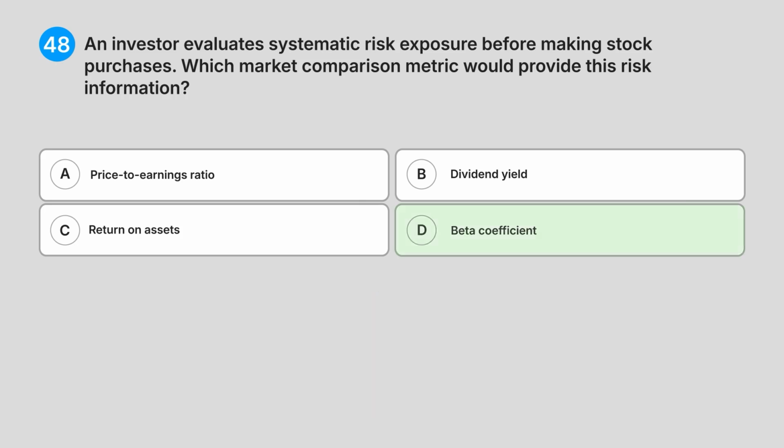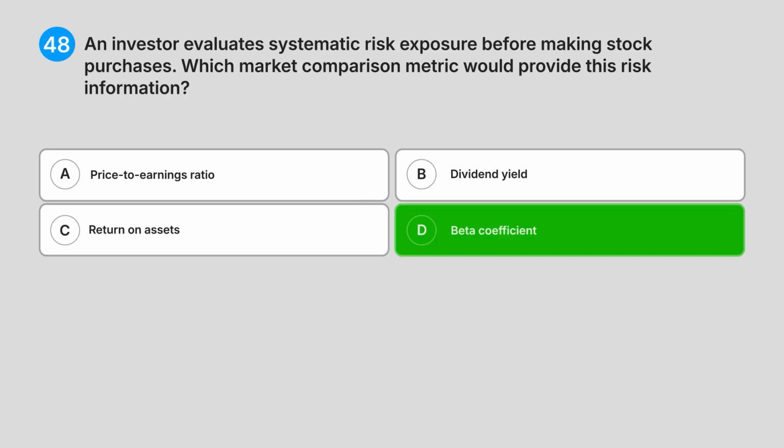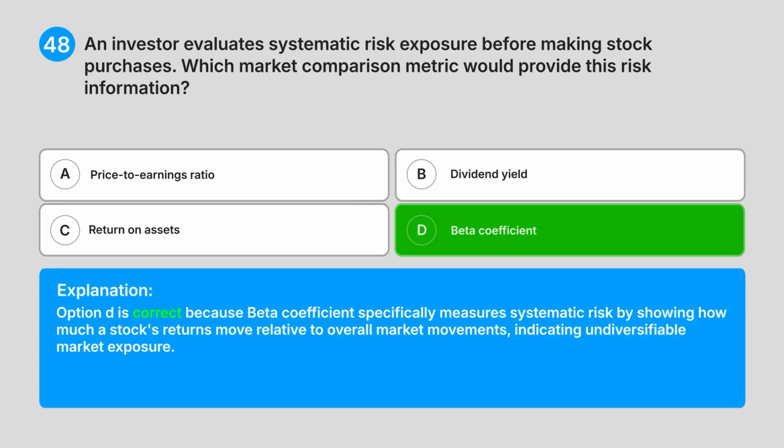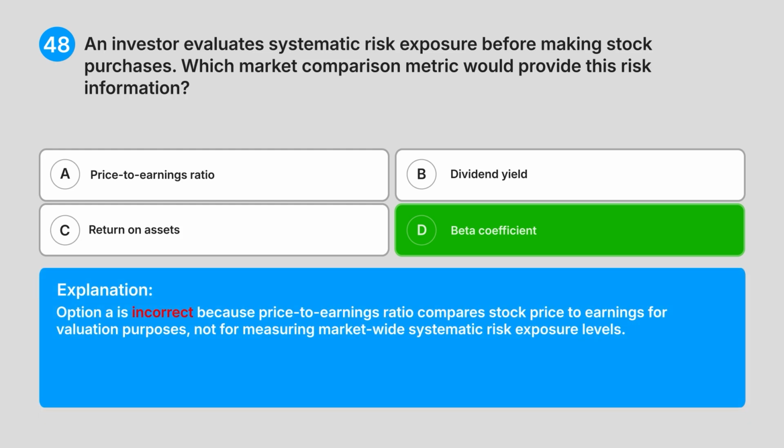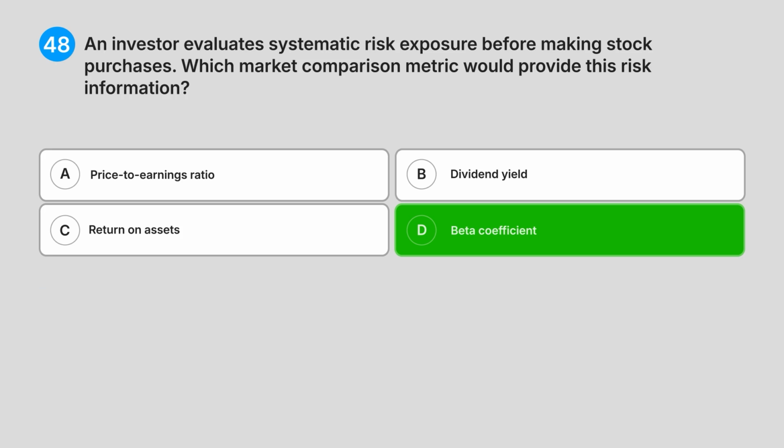Correct answer: D. Beta coefficient. Explanation. Option D is correct because beta coefficient specifically measures systematic risk by showing how much a stock's returns move relative to overall market movements, indicating undiversifiable market exposure. Option A is incorrect because price-to-earnings ratio compares stock price to earnings for valuation purposes, not for measuring market-wide systematic risk exposure levels.